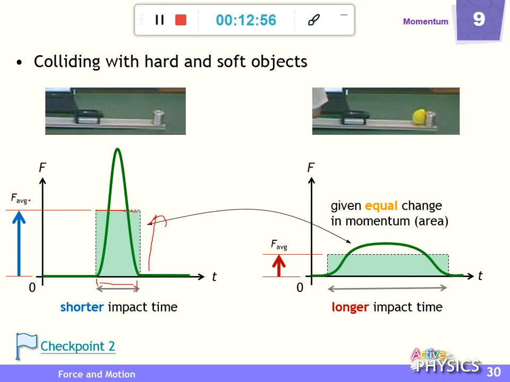F-max1 is this, the peak value is also increasing. But if we use a soft object, which deforms very easily, then the impact time will be longer than before. The area should be the same. Then the height, it means that the F-max force should be lower than before. The peak value also.